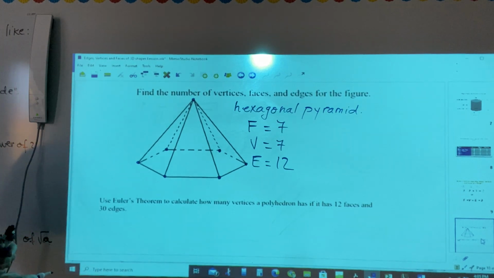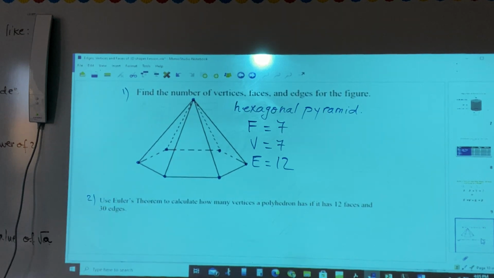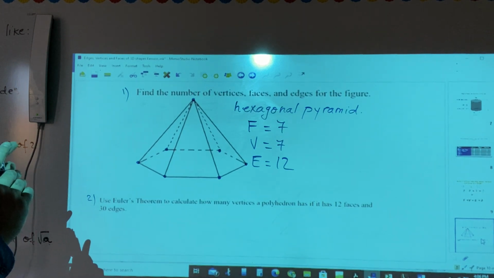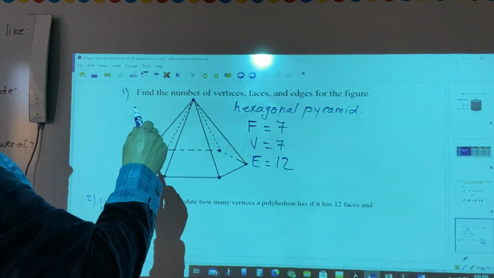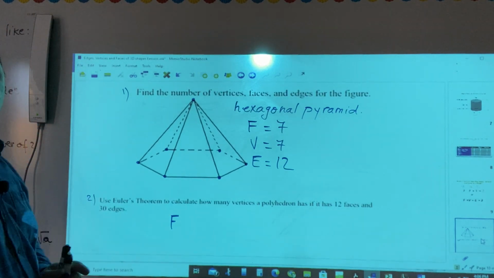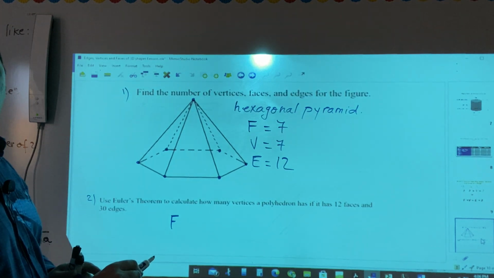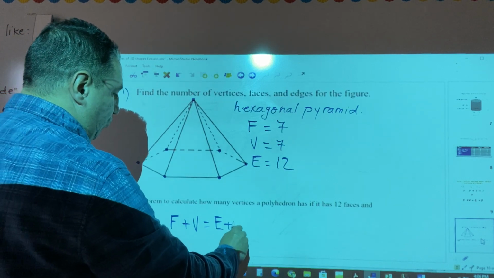Good? And the second problem. It says use Euler's formula to calculate how many vertices a polyhedron has if it has 12 faces and 30 edges. In other words, we need to find the number of vertices. As we know, according to the Euler formula, the number of faces plus the number of vertices equals the number of edges plus 2.